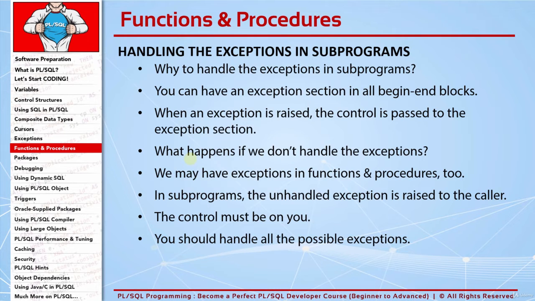So you should handle all the possible exceptions. Perfect. The usage of exceptions in the subprograms is all the same as in anonymous blocks. We write the exception section right before the end keyword of the begin-end block. No difference. Alright, now let's open up SQL Developer and make some examples for that.